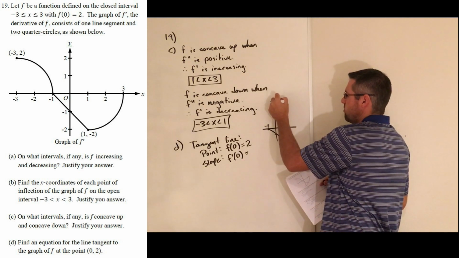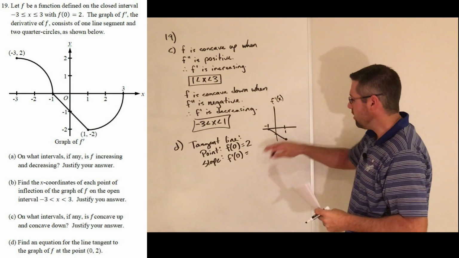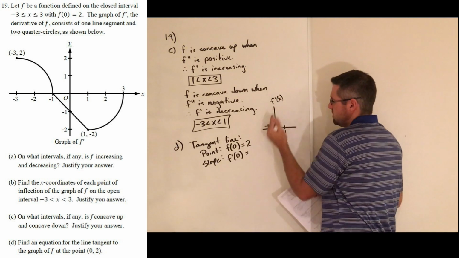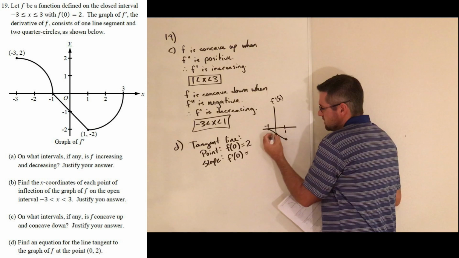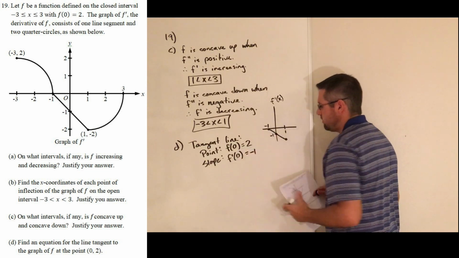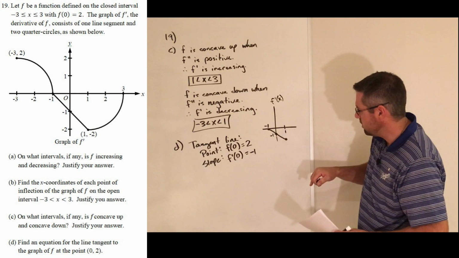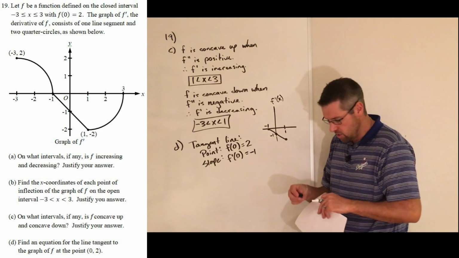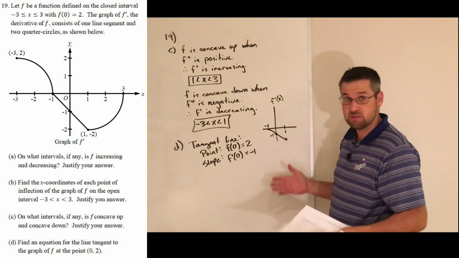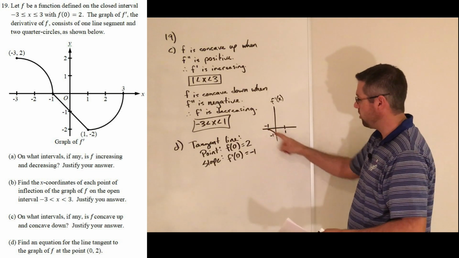This is f prime of x. The value of the derivative, and this is the derivative, is -1. You see that? The value of the derivative is -1. But some students might say the derivative is the slope, so I'll find the slope of that line.